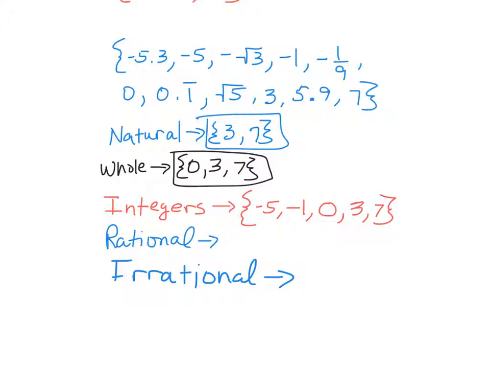Okay, so Robert named off 2 irrational numbers to the class. Which 2 did he name off? Both of the square roots, you're right. So negative the square root of 3 and the square root of 5. So everything else is rational.